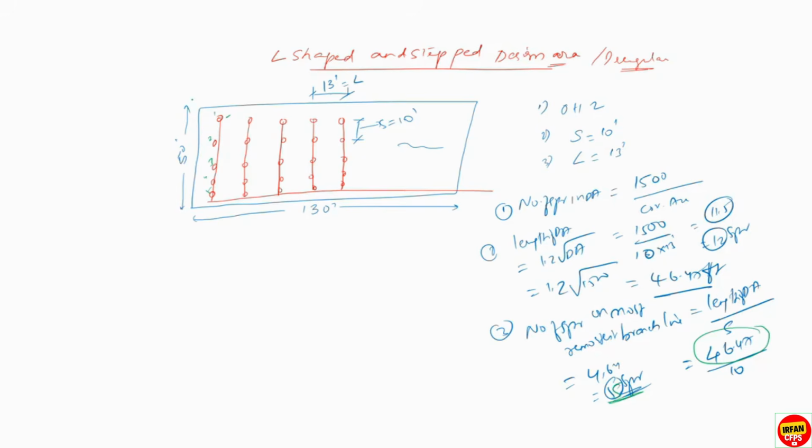So to match both of these, entire area should be considered because this is 50 feet, right? Our requirement is 46.47, but we need to consider 5 sprinklers, right? So 1, 2, 3, 4, 5. All these sprinklers we need to consider. So this will be the length, right? Just extend this line.